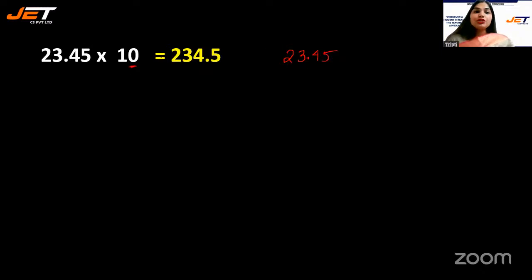You have to shift the decimal in multiplication. And by how many places? There is only one zero. So you have to shift the decimal one place to the right. So this will be 234.5.